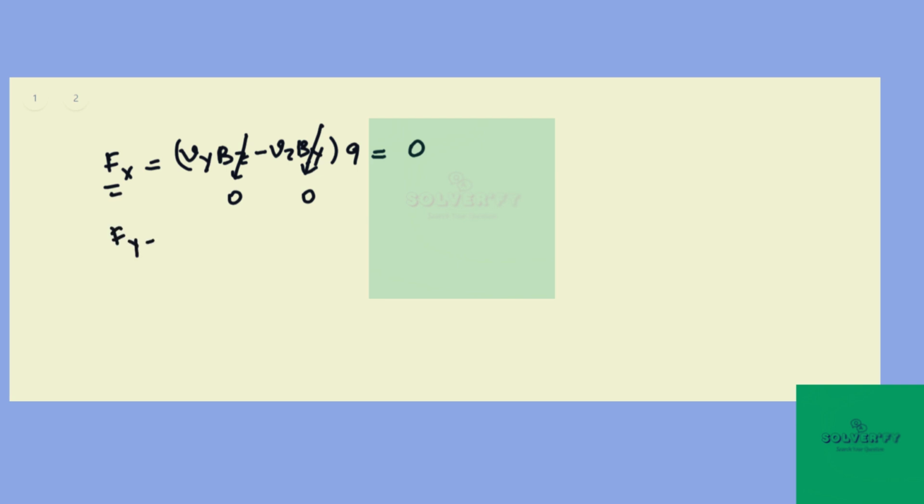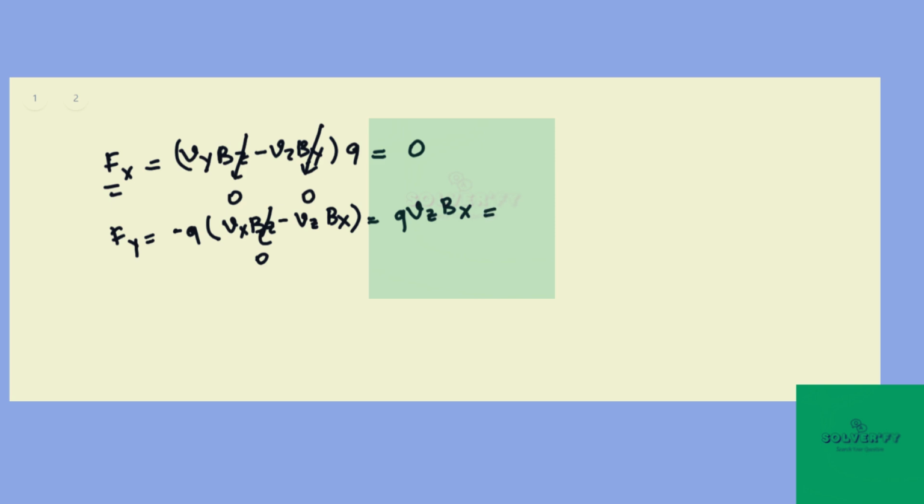The y component looks like negative Q times (Vx Bz minus Vz Bx). Well, Bz is 0, so the first term drops. Then we're left with Q Vz Bx.